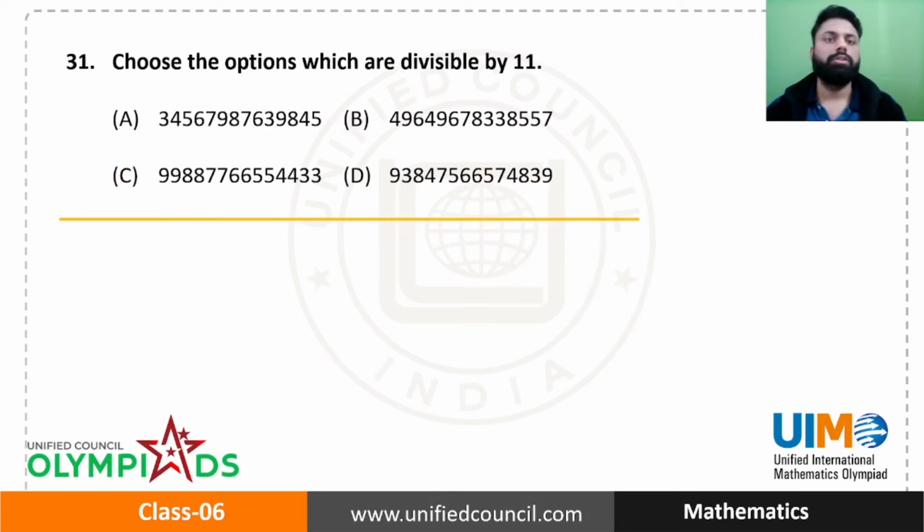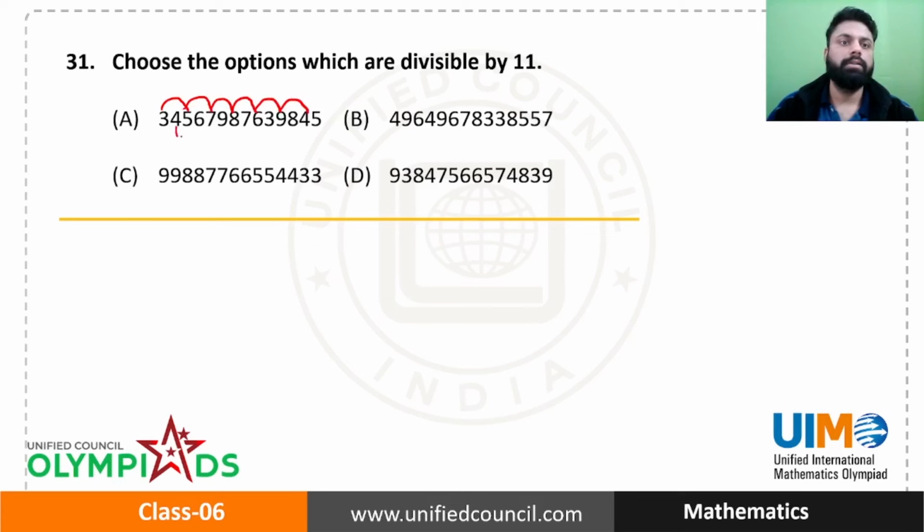Next one. Choose the option which is divisible by 11. For 11, we need to find the sum of the alternating digits. Let's find the alternating digits. One more thing: when we talk about alternating digits, if something is common in the alternating parts, let's cancel it out.